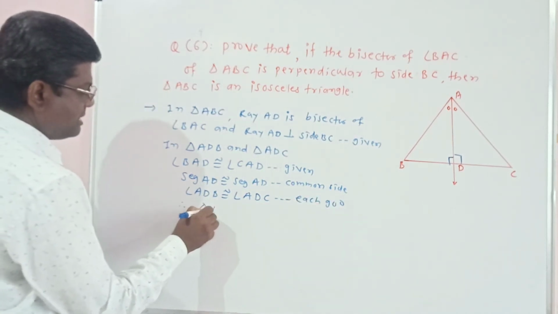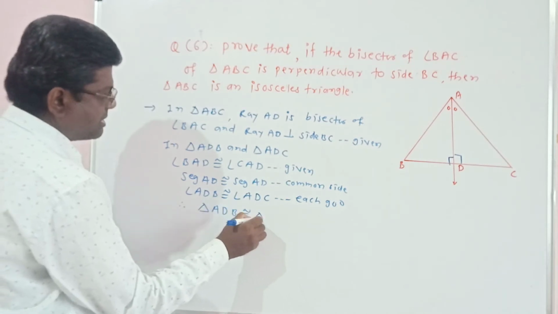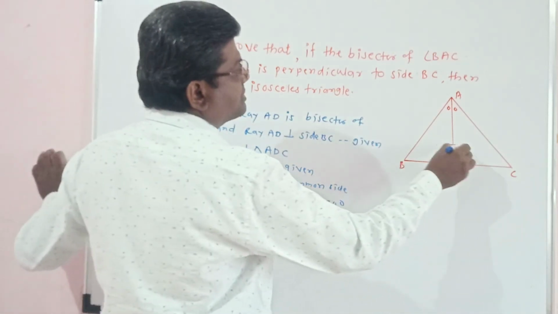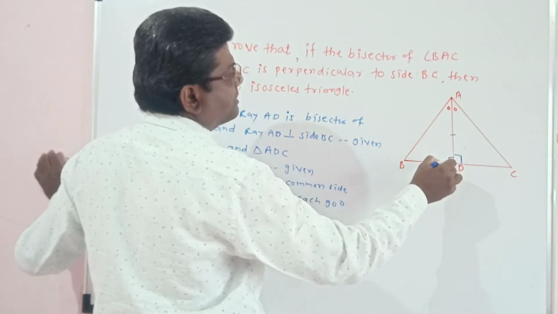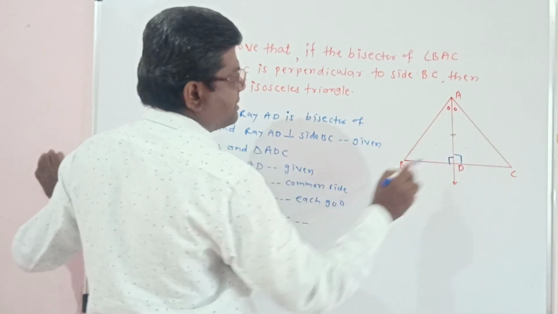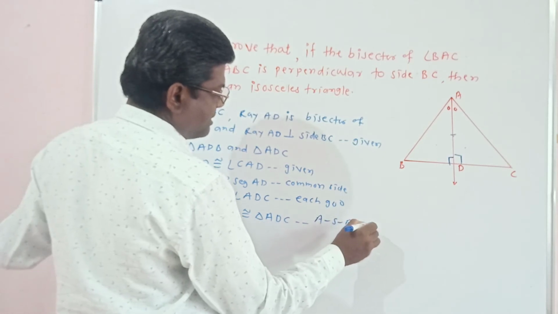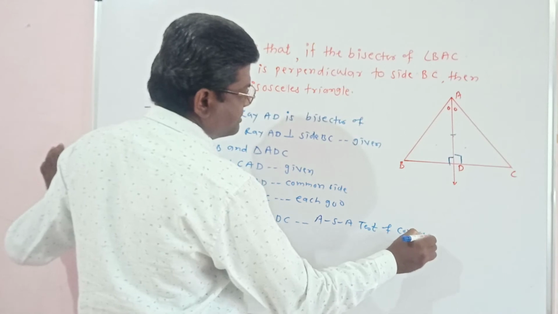Therefore, triangle ADB congruent triangle ADC. These two triangles are congruent due to angle side angle, ASA test of congruence.